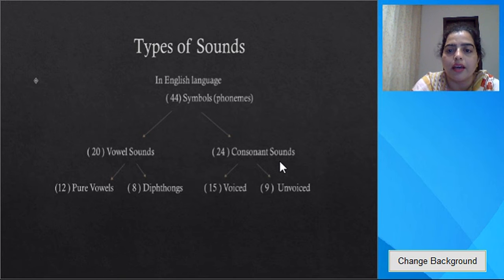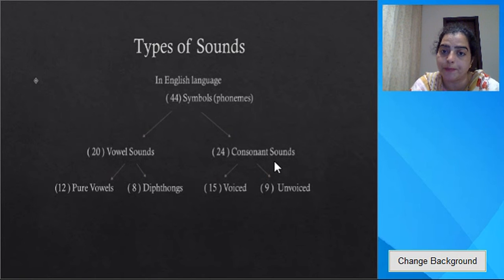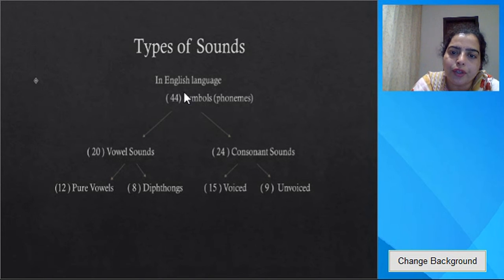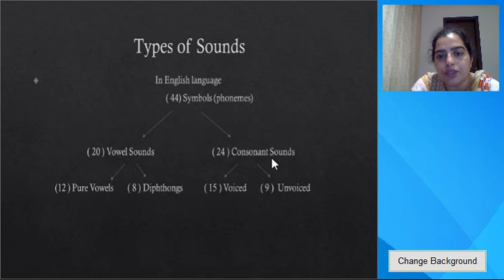Yes. As in the previous slide, you have learned the organs of speech. On the basis of production, there are 20 vowel sounds and 24 consonant sounds. Out of 44, which sounds are known as vowel sounds and which sounds are known as consonant sounds? I will describe it in the next slide.